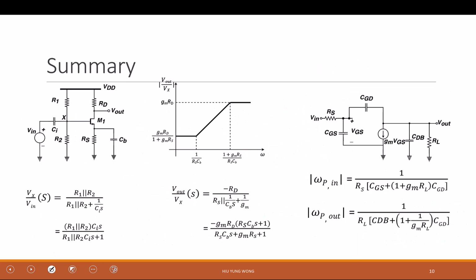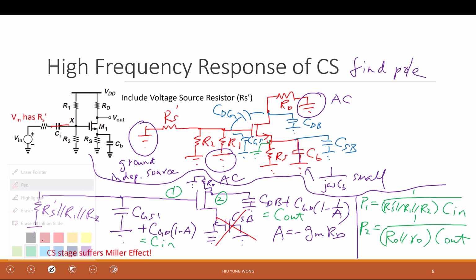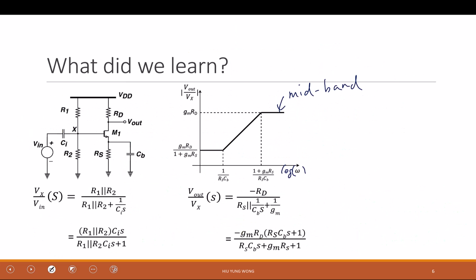Then we need to complete the Bode plot. Let me see if I have this at the end. Somehow I don't have. So let's complete the Bode plot. What do we really get from here? Earlier we did the low frequency, and we get this. Maybe I can show you, 1 zero, 1 pole, right?